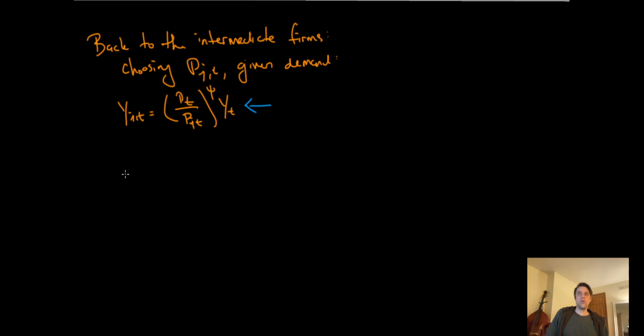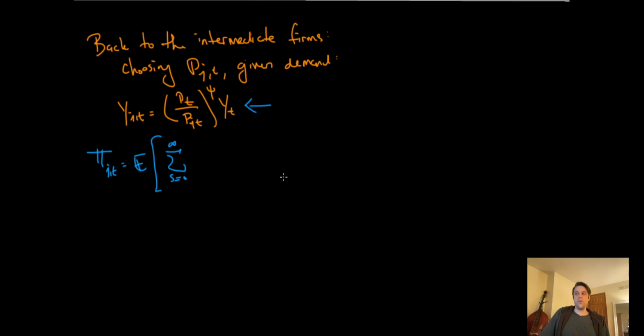Now, the goal of the firm, as I mentioned previously, is to maximize its total expected profits over all of history, total discounted profits. So this is going to be profits for the jth firm, and it's going to be an expectation over an infinite sum from s equals 0 to infinity.